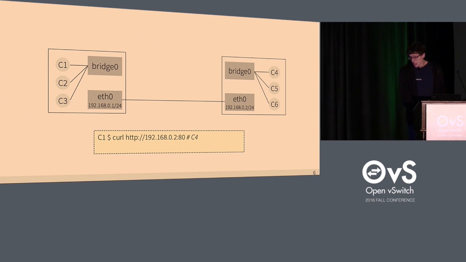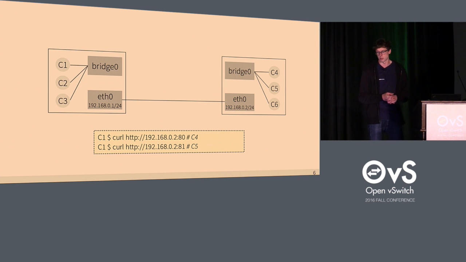But what happens if we start a web server on C5? In this case, we cannot use the port 8 because it's already allocated, so we need to use another port. And basically, this approach brings complexity to all the configuration management because we need to know not only about IP addresses, but also about port mappings.